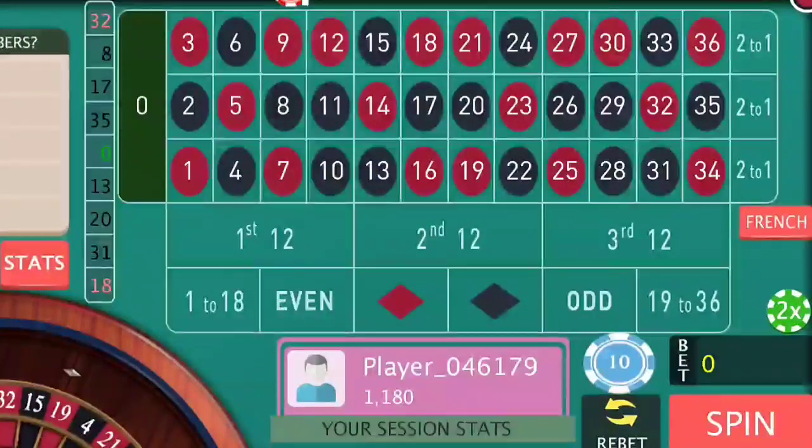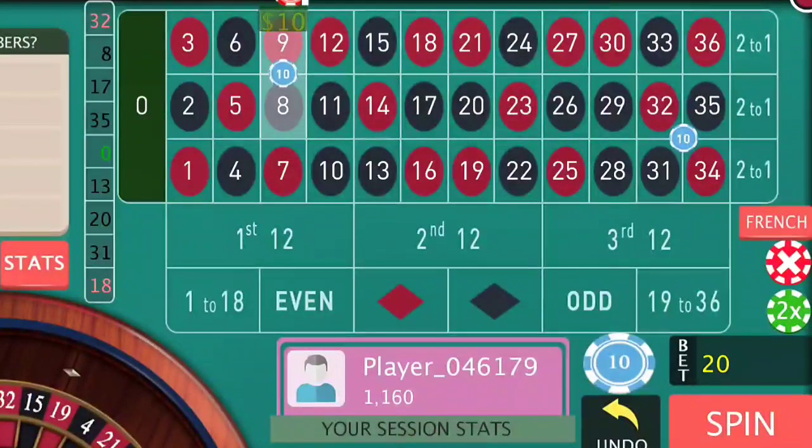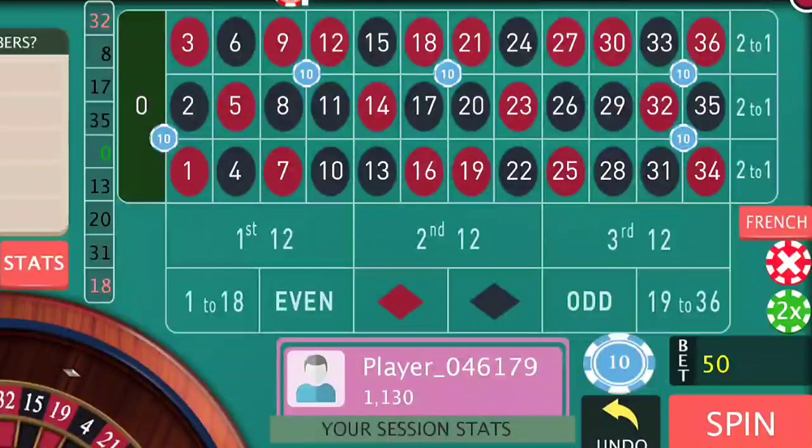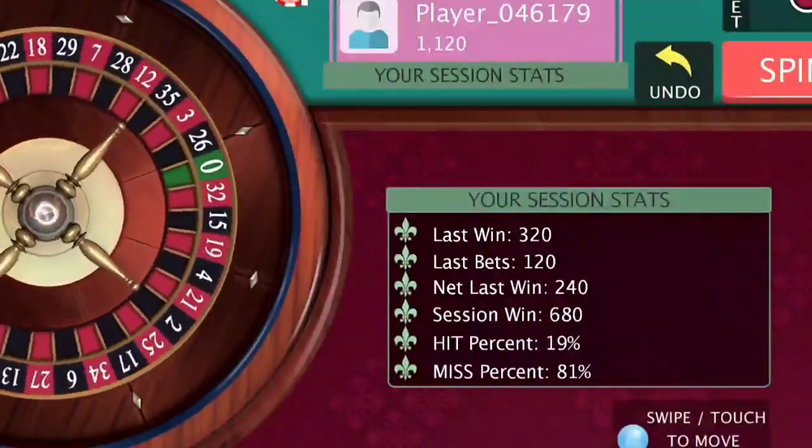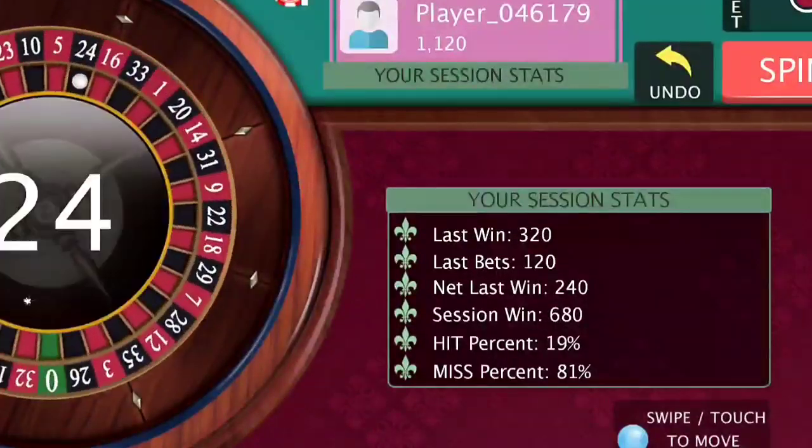We will go with the same bet arrangement, like 32, 8, 17, 35, 0, 13. This time I have covered 20 numbers from the table. My target is to make another $100 profit.